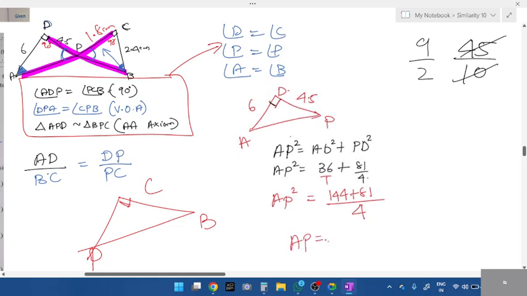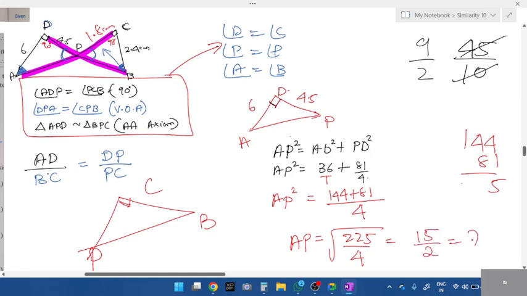And if you want to find the value of AP, take the square root. 225, students. Now I'll write it. What is the value of 225 by 4? 15 by 2 is 7.5. Now you all find PB. Apply Pythagoras theorem, PB.